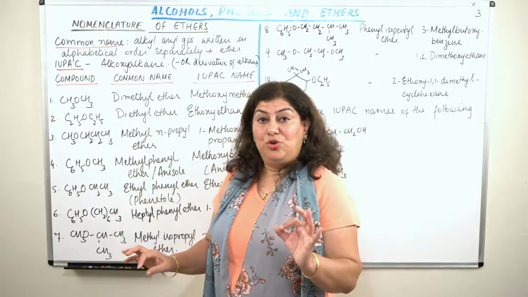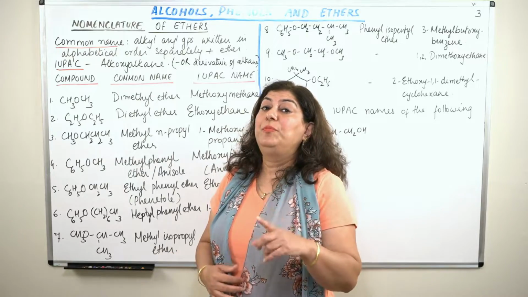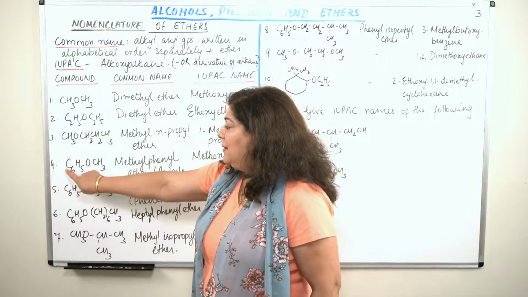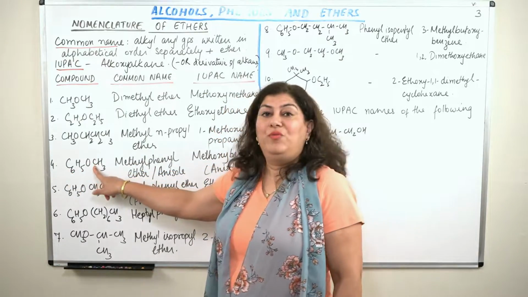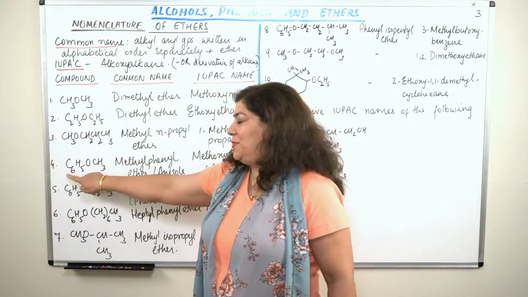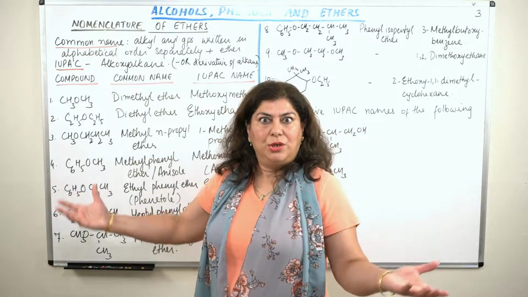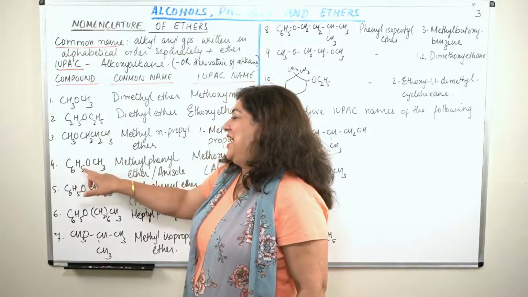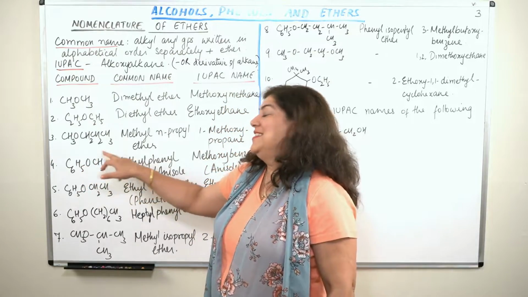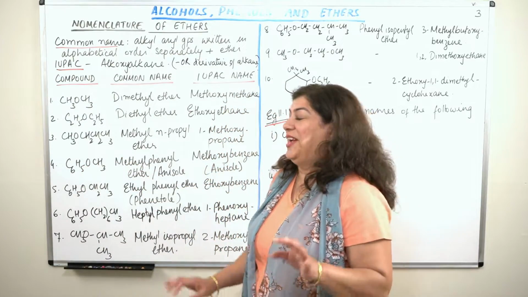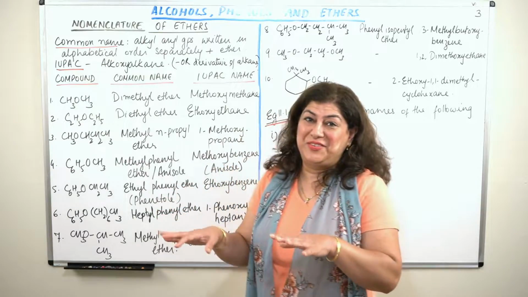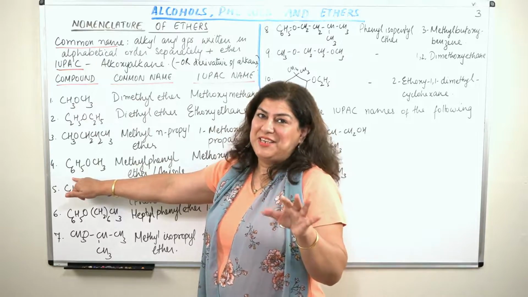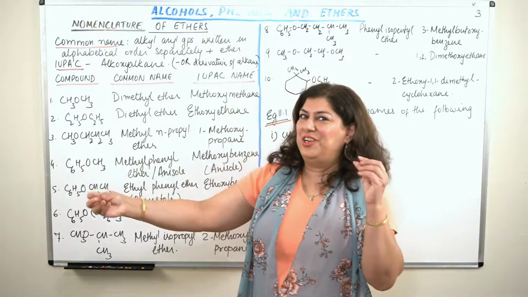According to IUPAC nomenclature, the parent hydrocarbon would be the one with the longer chain of carbon atoms. This has 6 carbon atoms and this has only 1 carbon atom. Automatically, this becomes the parent. It's larger. So, C6H5 and this is CH3. Not trying to sound condescending, but children, the parents are larger, yet the preference is for the longer chain.